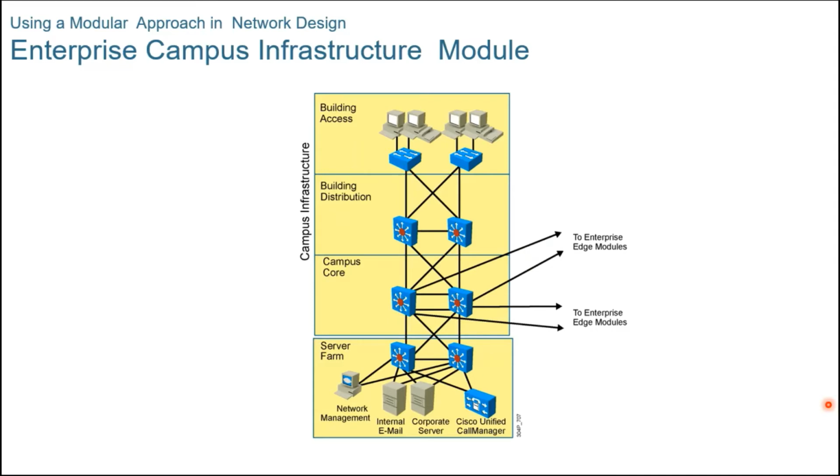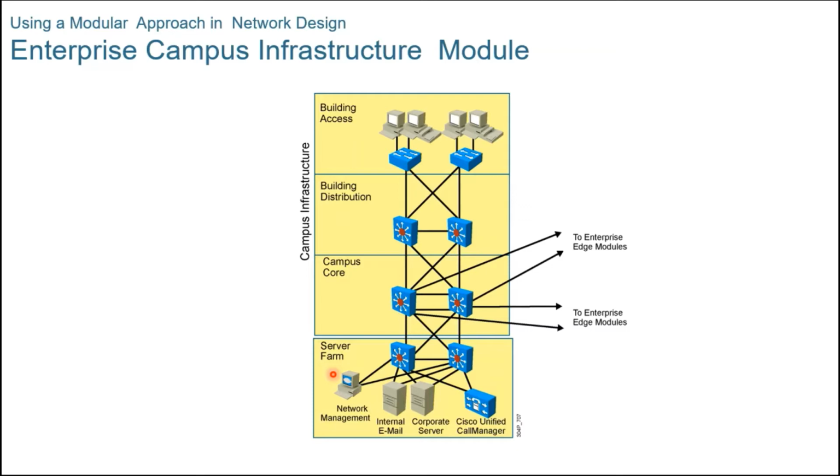Okay. Now let's dig into the campus infrastructure module. All right. So the campus infrastructure module design consists of several buildings connected across a campus core. So the campus infrastructure module connects devices within a campus to the server farm, across the campus core.